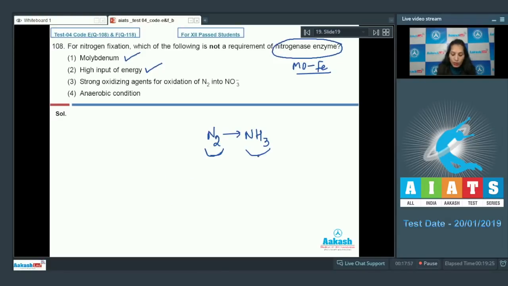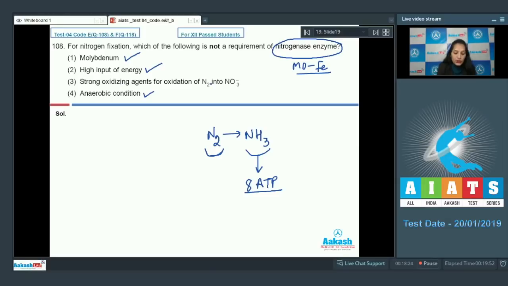To produce 1 molecule of ammonia, we require 8 ATP molecules. So it is a highly energy dependent process. Fourth, anaerobic conditions, yes, because nitrogenase enzyme is oxygen sensitive. It cannot tolerate oxygen. Hence, anaerobic conditions should be maintained, in which leg hemoglobin plays an important role.